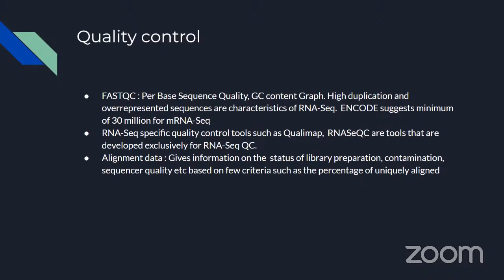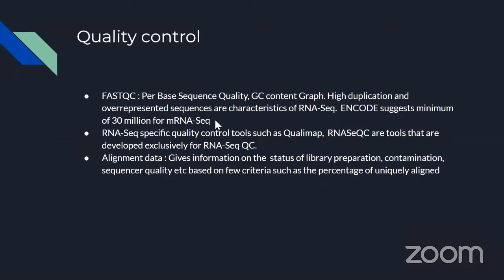But in RNA-seq, depth per se is not a thing, because you have a lot of coverage where genes are highly expressed, and not a lot of coverage where genes are not really expressed. So what is analogous to depth in RNA-seq is actually the total number of reads.